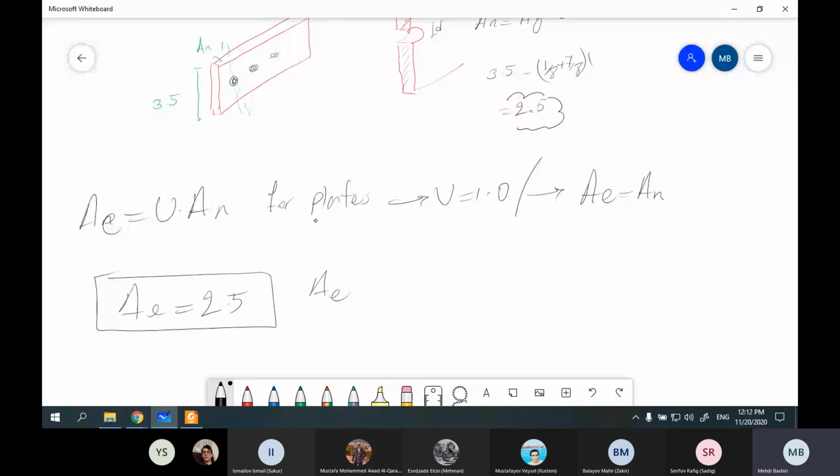If Ae is more than 2.4, 2.5 is more than 2.4, so it is okay. If not, we have to pick another section, a bigger one. This cross section, Ag equal to 3.5, for example, satisfies this criterion.